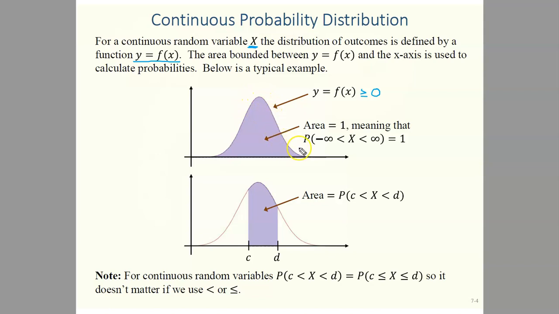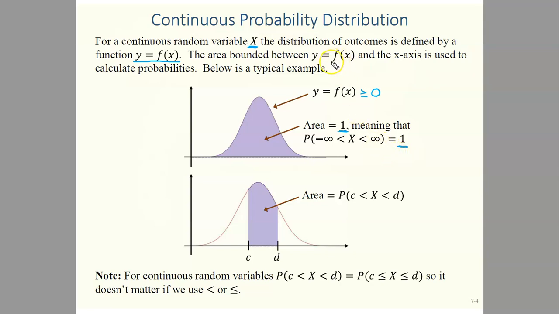You see it's above the x-axis. And the total area bounded between the graph of the function and the x-axis down here must be 1. And what that means is that the probability that the random variable x occurs between negative infinity and infinity is 1, which naturally has to be the case.